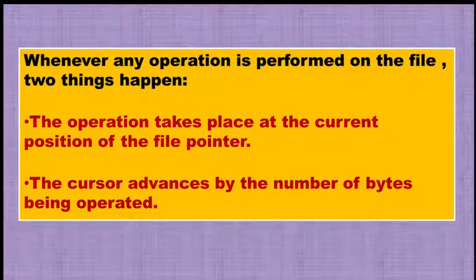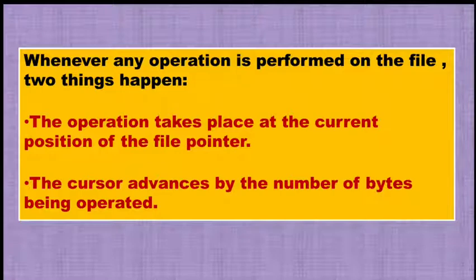Now children, whenever any operation is performed on the files, two things happen for sure. First is the operation takes place at the current position of the file pointer. Means आपका कर्सर जिस भी पोजीशन पे प्रेजेंट है उसी जगह पे आपका वो ऑपरेशन होता है. और the cursor advances by the number of bytes being operated.